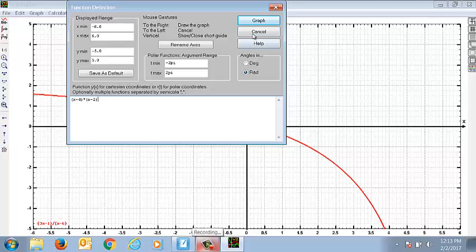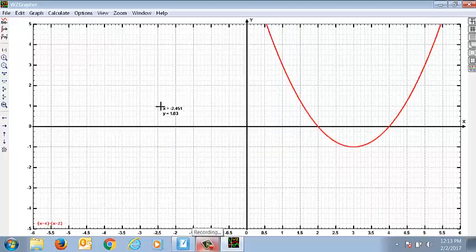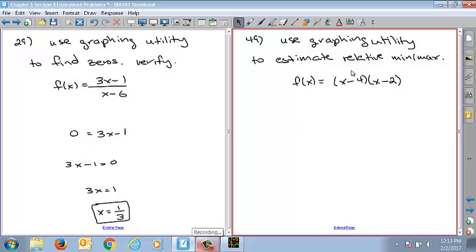And we say graph. So there it is. It's a polynomial if you multiply it out. And you can see we have an x-intercept of 2 and an x-intercept of 4.